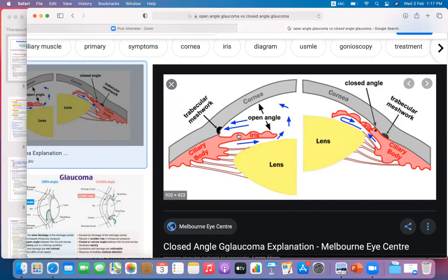The aqueous humor outflow is restricted because the trabecular meshwork is not able to drain. So our drug should increase the aqueous outflow or decrease the aqueous formation.